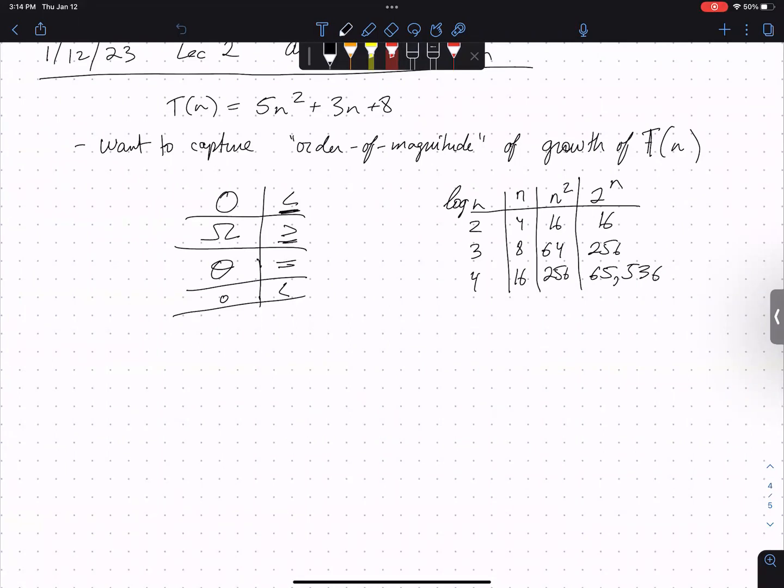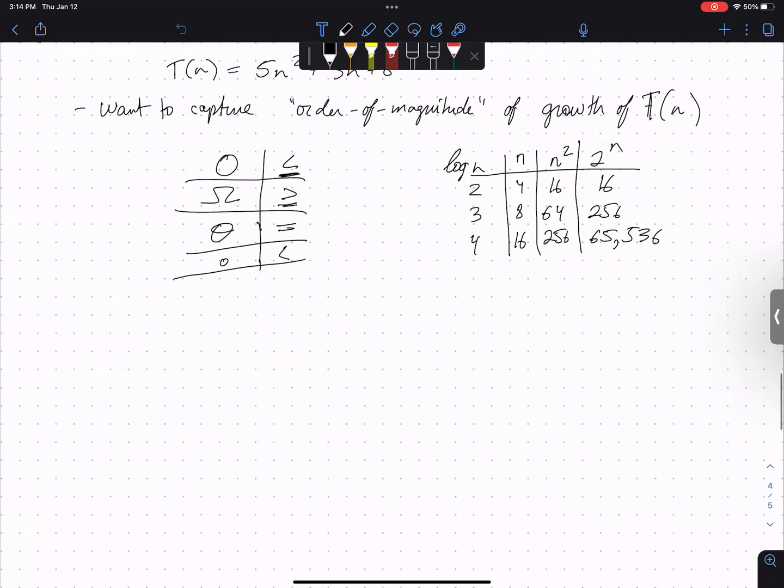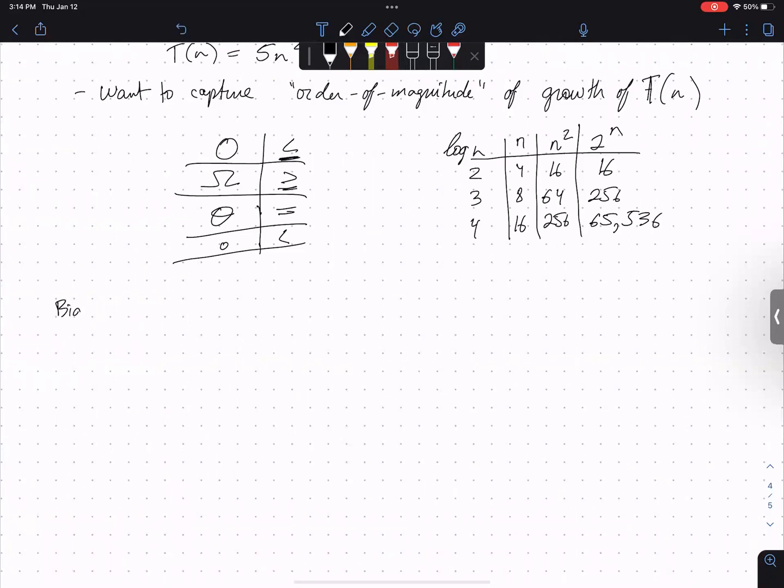So we would like now a theoretical framework to separate these classes, and that's what this big O notation is going to let us do. Now let me give you the definition of big O. So the definition is: a function f of n is big O of another function g of n.